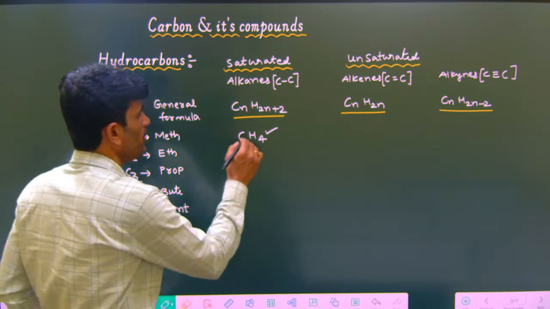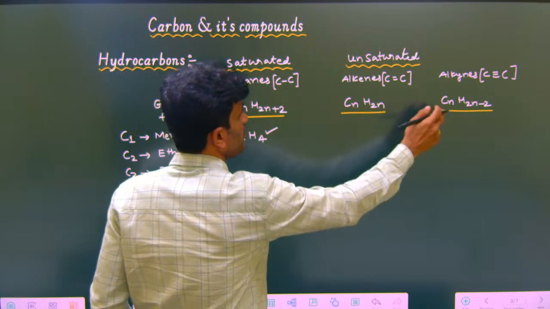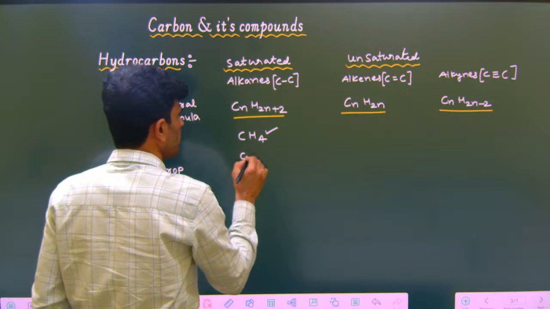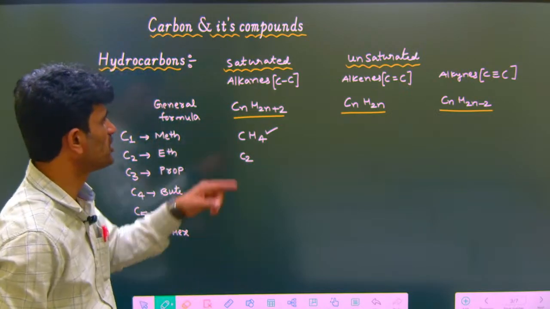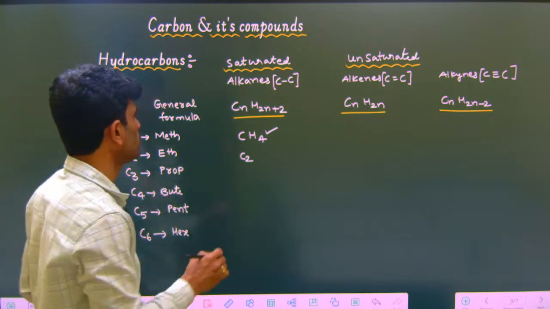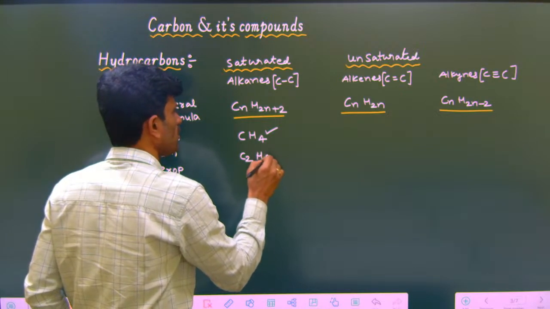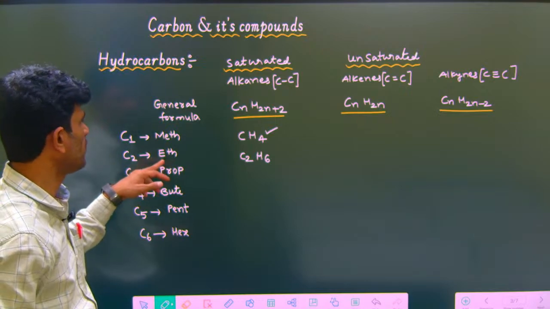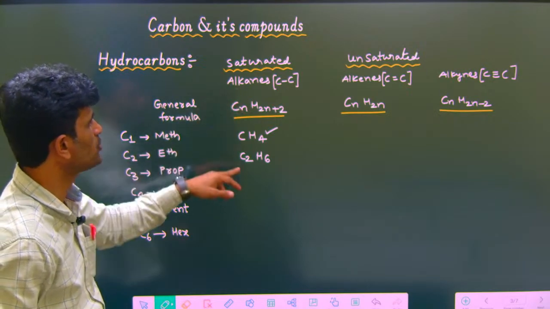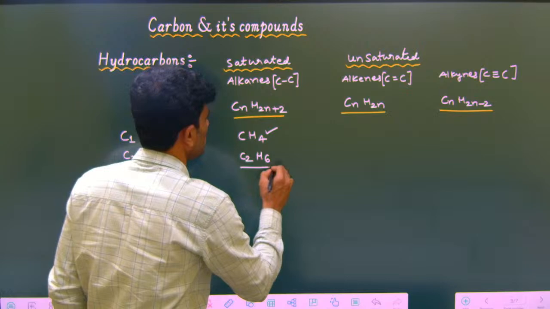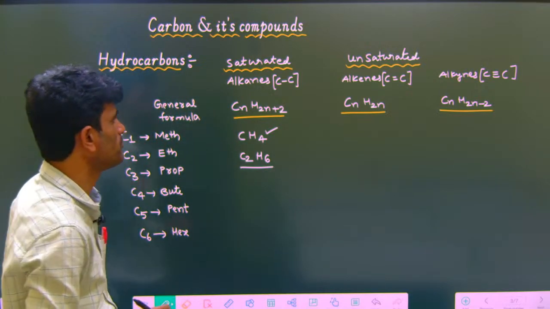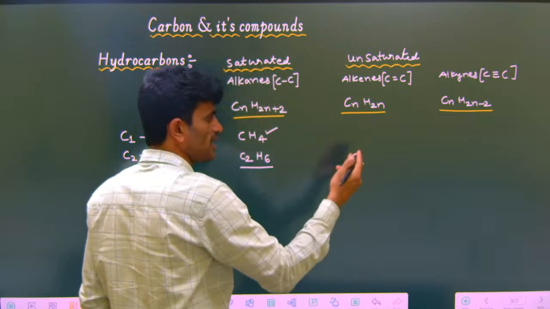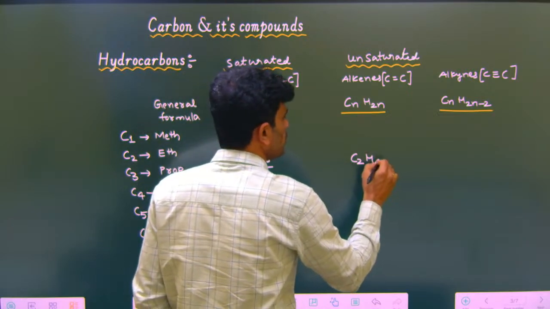So methane is present, but methene and methyne are not present. Now if there are 2 carbons, how many hydrogens should be there? 2 into 2, 4, 4 plus 2, 6 hydrogens should be there. 2 carbons are there, so we start with eth, and it is an alkane, so it is ethane. This is the molecular formula of ethane, C2H6. Now ethene: if 2 carbons are there, exactly double hydrogens should be there, so C2H4.